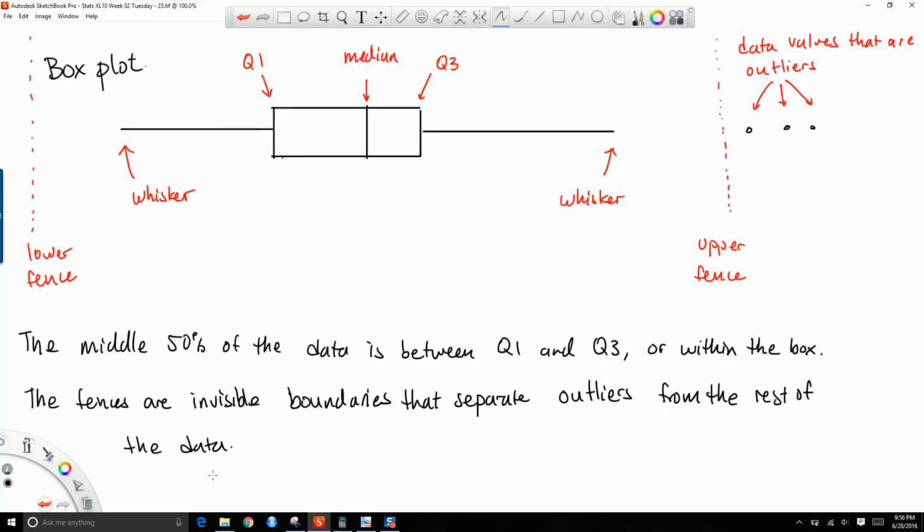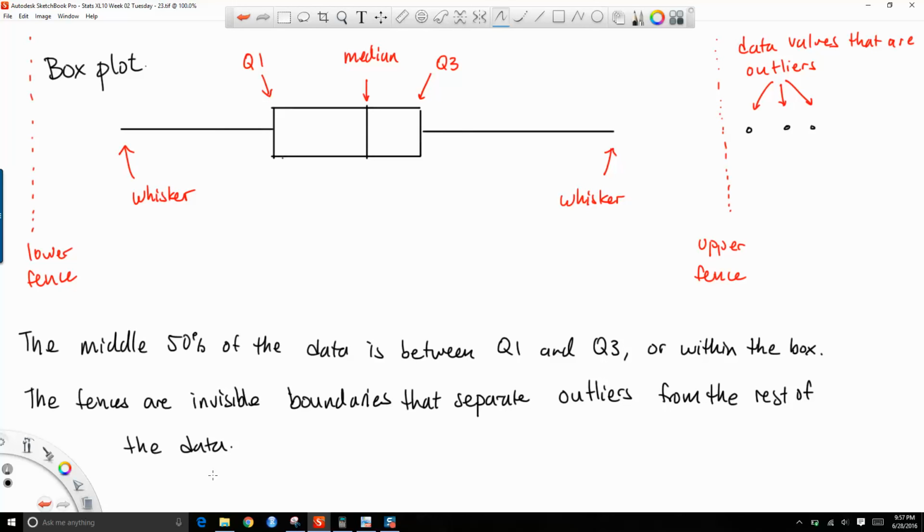Okay, and so box plots are useful when you're comparing one box plot for one data set to another data set and their box plot, okay? Because by looking at the width of the box, what is the width of the box? The width of the box is the IQR.